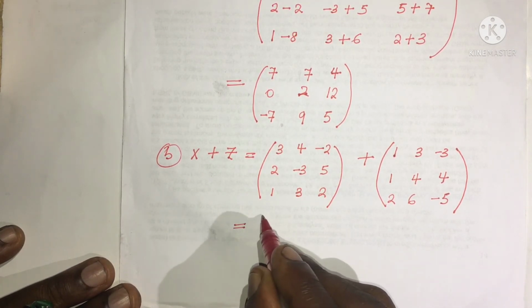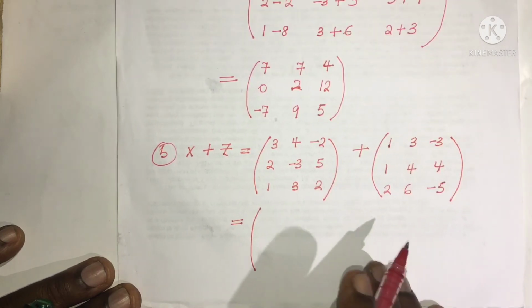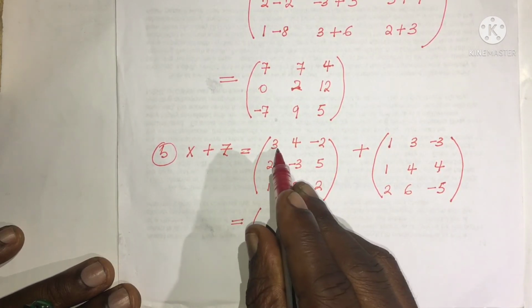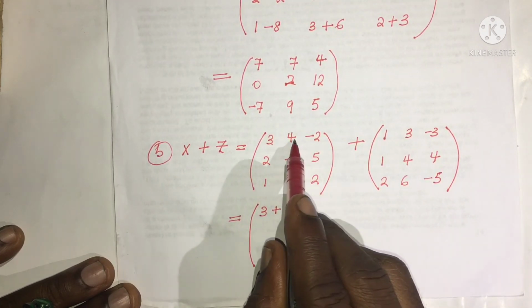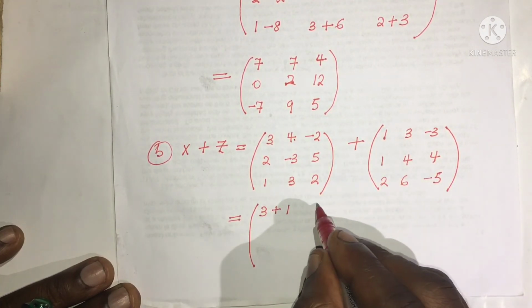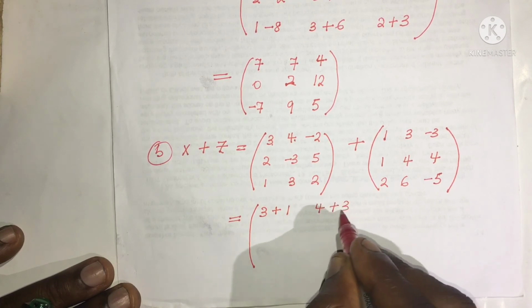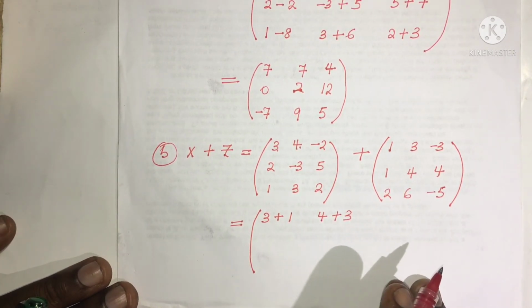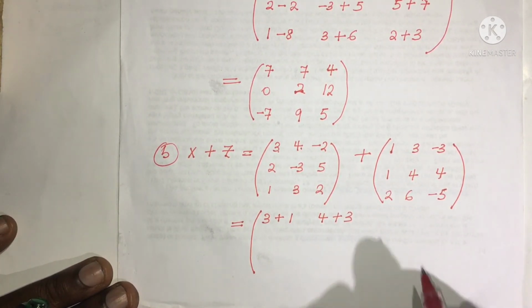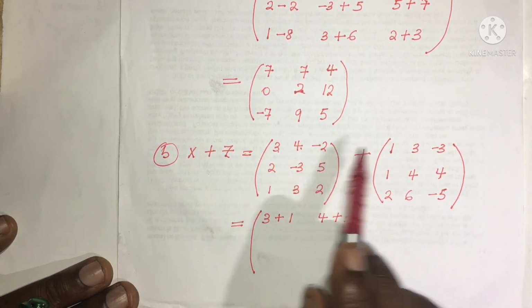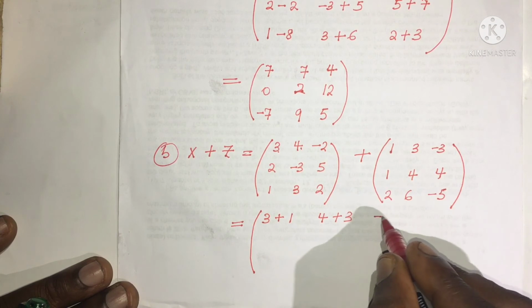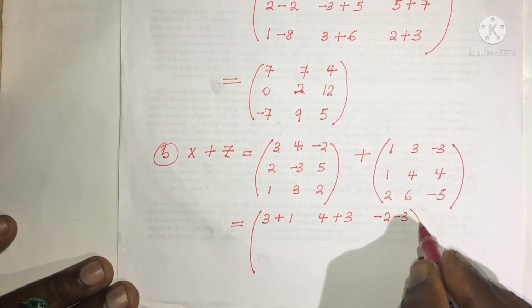It is the same thing we've done, and that will give us adding 3 to 1, adding 4 to 3. Why am I adding those elements? It's simply because they occupy the same position in the two matrices. So minus 2 will add to minus 3. You have minus 2 minus 3.